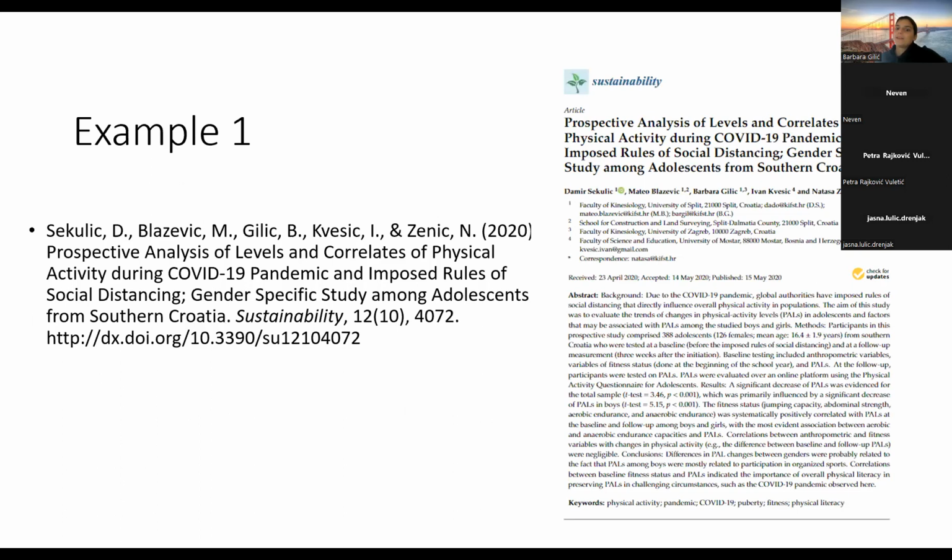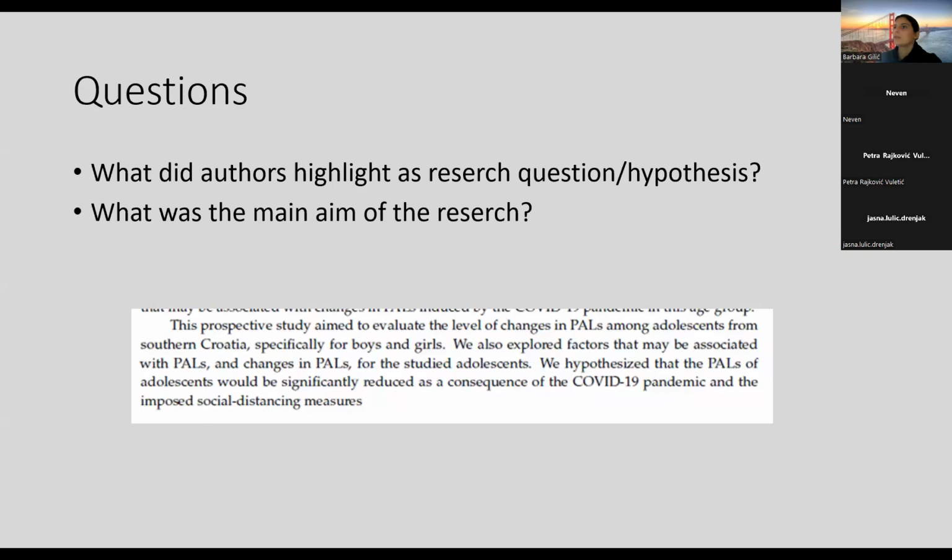Okay, is it clear for now? We will just go to our example, so we can summarize all of this about the research question. So the first example: what did the authors highlight as the research question or hypothesis? You can see it at the end of the introduction section.